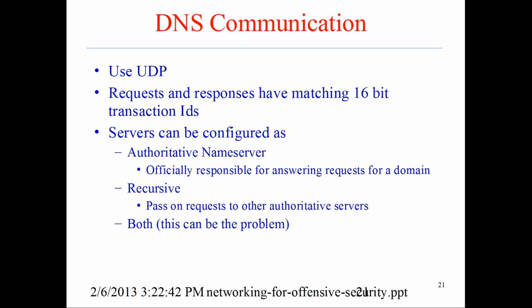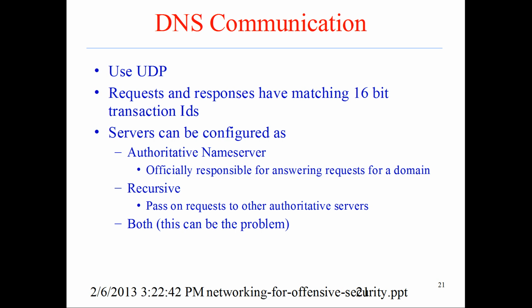So DNS communication, as I said earlier, uses UDP to do all of this. And perhaps the only security it has is that requests and responses have a request number, a 16-bit, rather a short number, to keep track of that transaction.